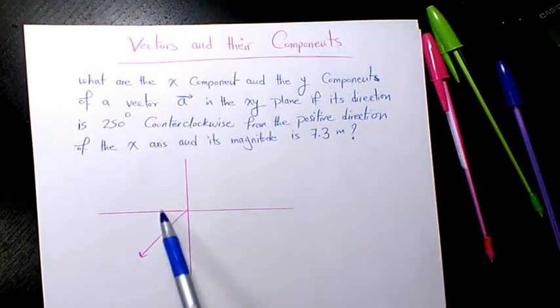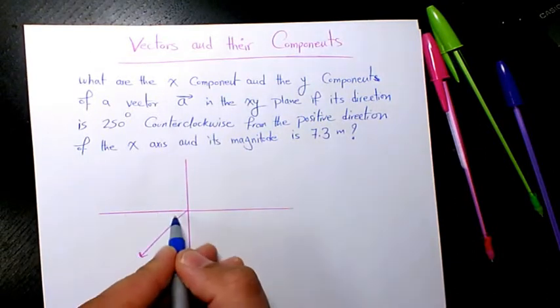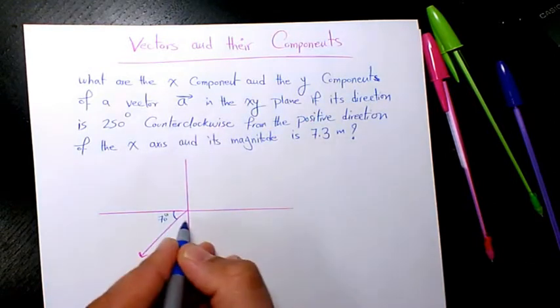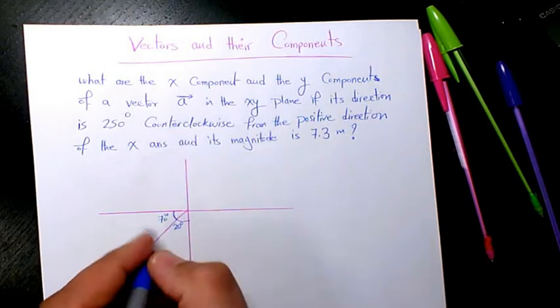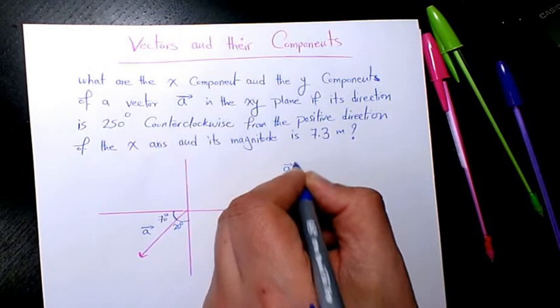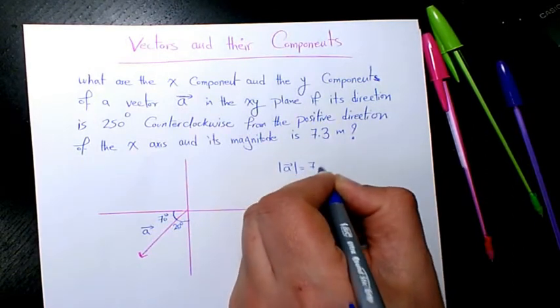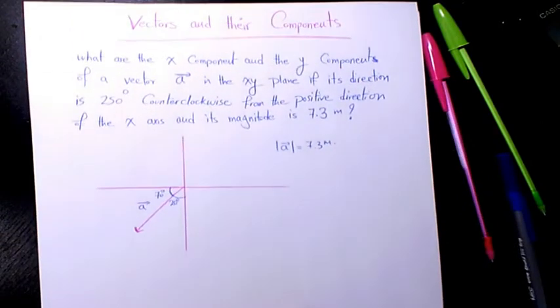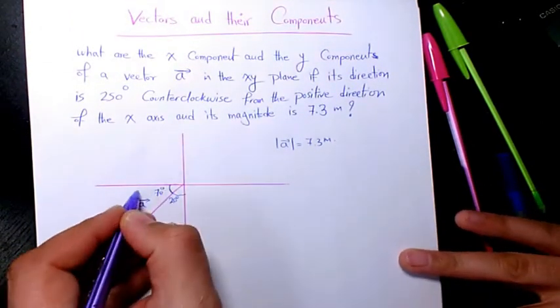As you know, it's 180 degrees here, so it means that we are dealing with 70 degrees here and 20 degrees here. And the magnitude of this A is 7.3 meters. Now we want to find out the x component and the y component.